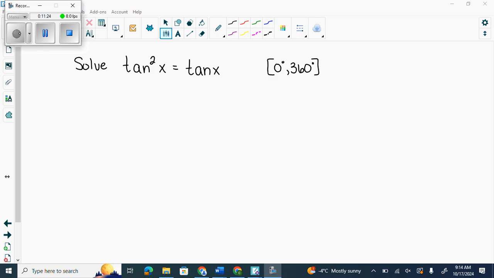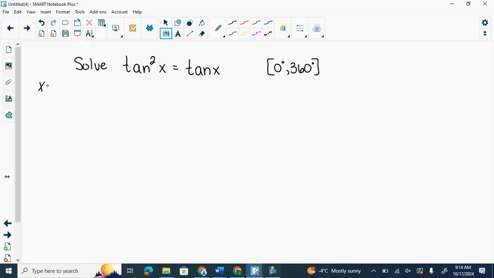So the first solution I'm getting is at what? X equals... is 0 one of them? And then looks like maybe 45. Then 180.